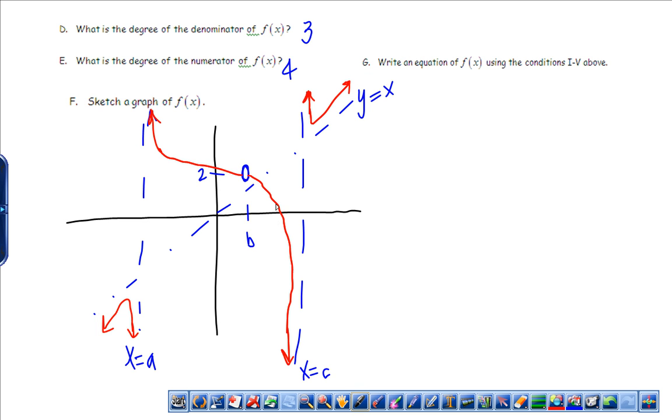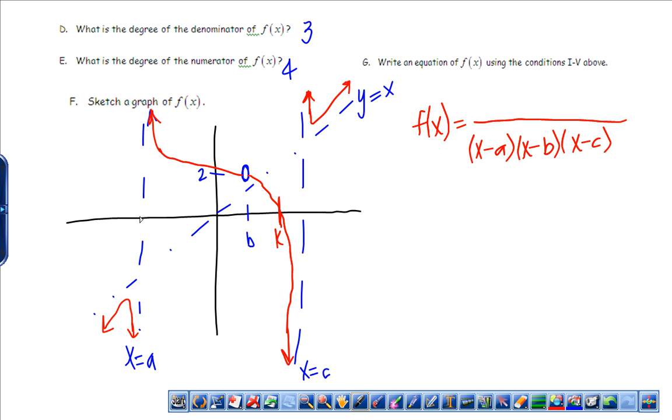It said nothing about this, but it looks like we have an x-intercept, and I'm going to call that K. So we kind of forced an x-intercept, which is going to help us. It says write an equation using your conditions. Remember we said the denominator was 3. So let's call this f of x equals, I've got an x minus a, I've got x minus b for the hole, and I've got x minus c.